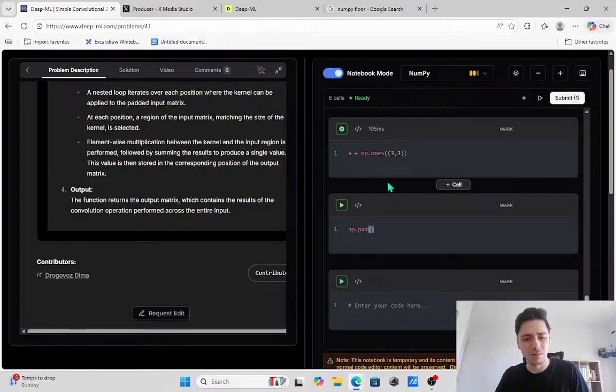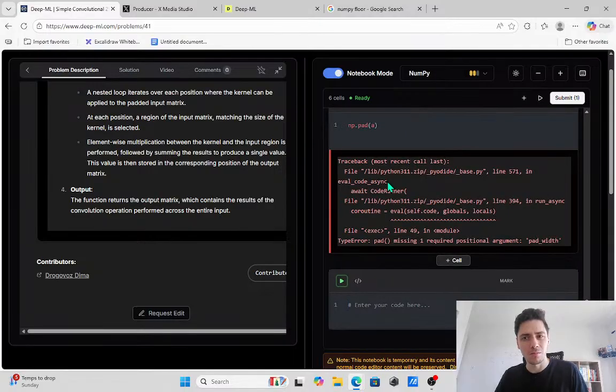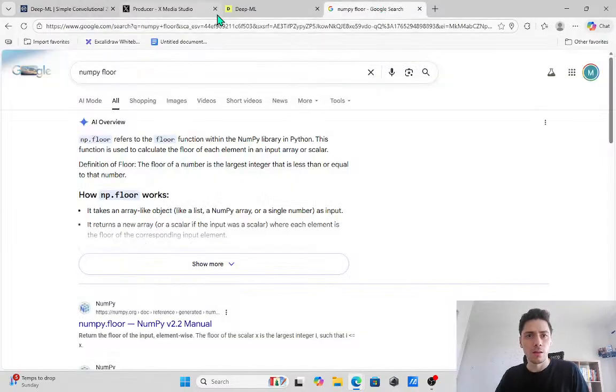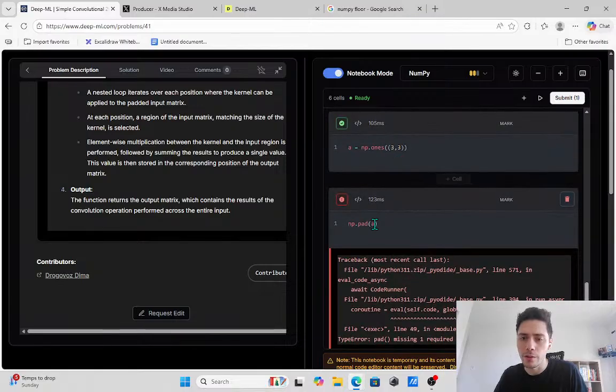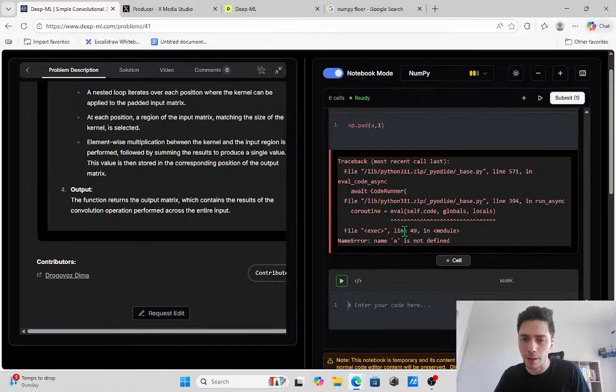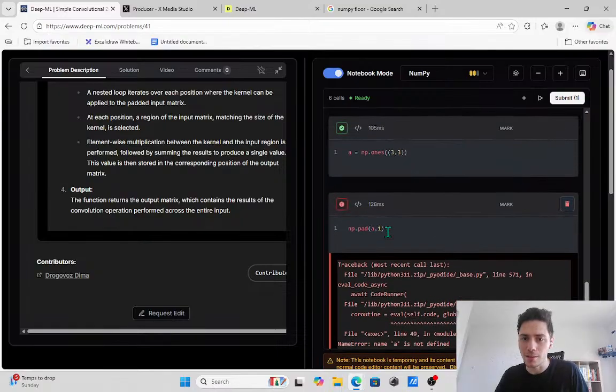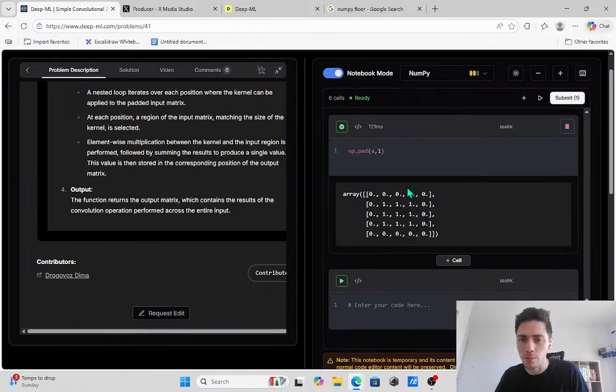Pad. What's that called? Pad width. Hey, was I right? Is there a thing called pad? A is not defined. Oh, okay, cool.